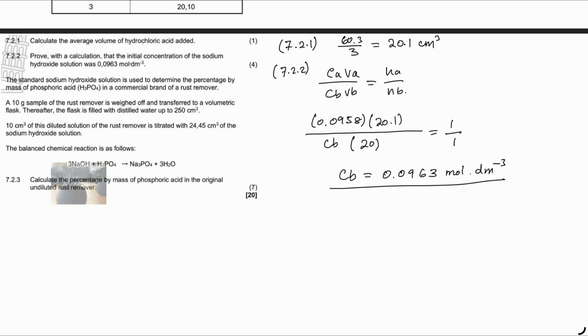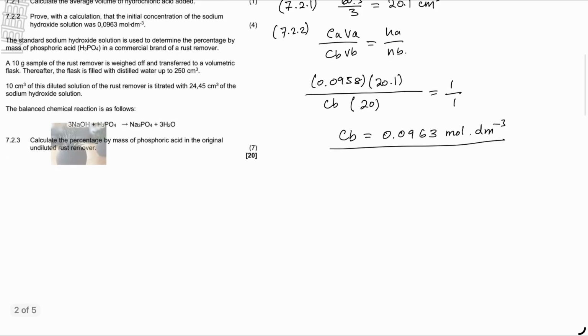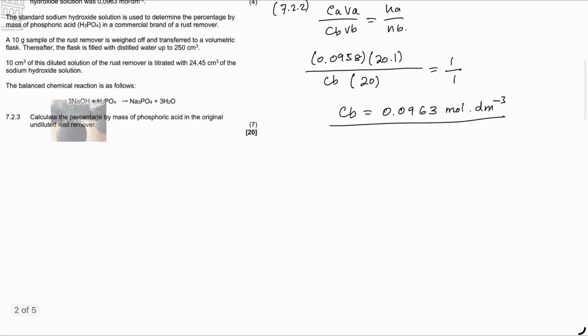Thereafter, the flask is filled with distilled water up to 250 cm cubed. 10 cm cubed of this diluted solution of the rust remover is titrated with 24.45 cm cubed of the sodium hydroxide solution. The balanced chemical reaction is as follows. 7.2.3, calculate the percentage by mass of phosphoric acid in the original undiluted rust remover.